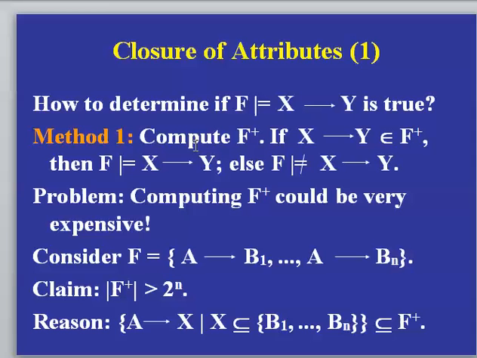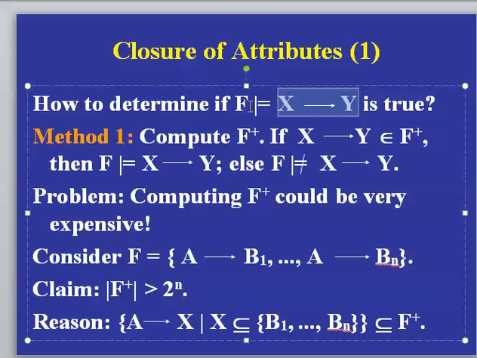So that means that to determine if actually functional dependencies can be implied, we could just compute the F plus, and then if this is an element of the F plus, then it is true that it can be implied. Otherwise, it cannot be implied.